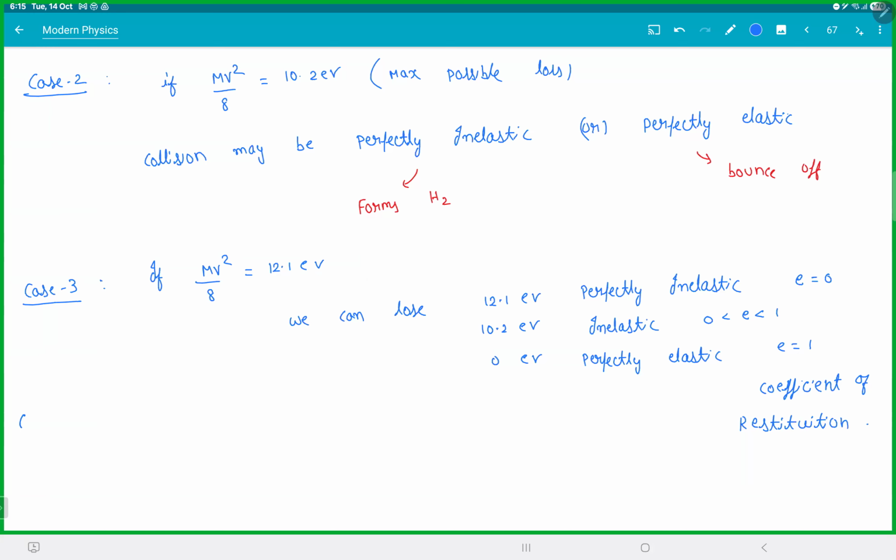Now you can keep going doing this. If you have case 4, where mv square by 8 is greater than 13.6 eV, now the electron can go to any orbit or escape to infinity.